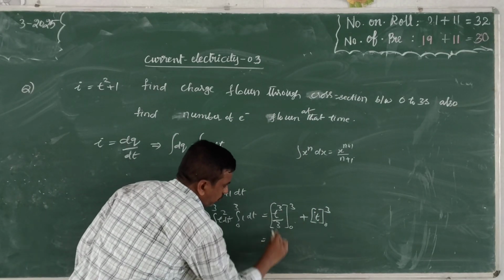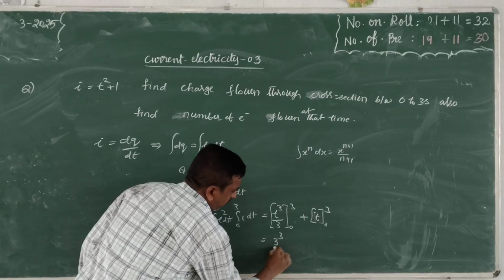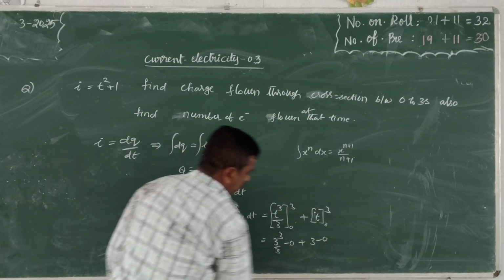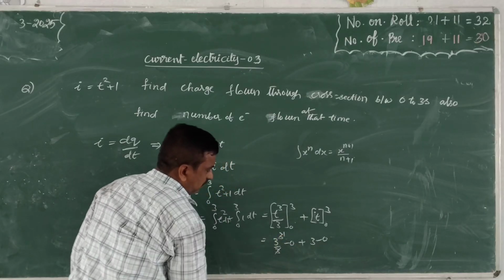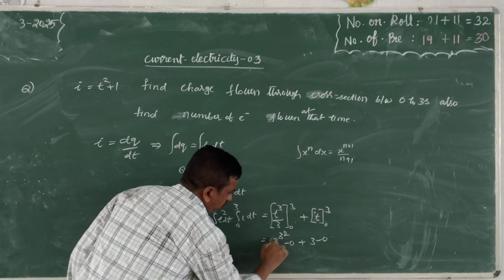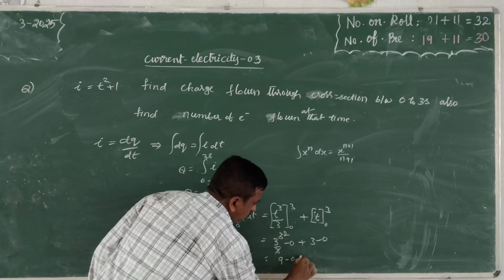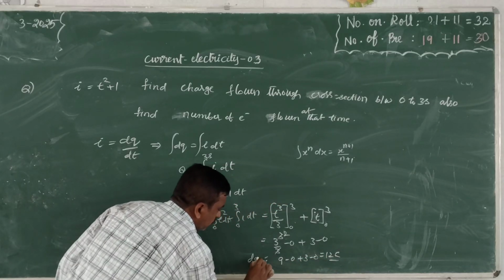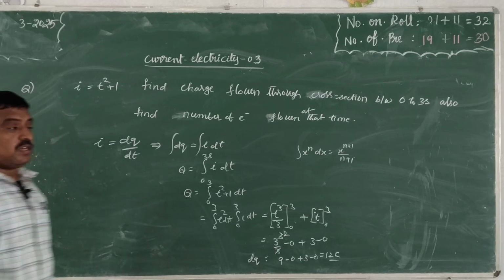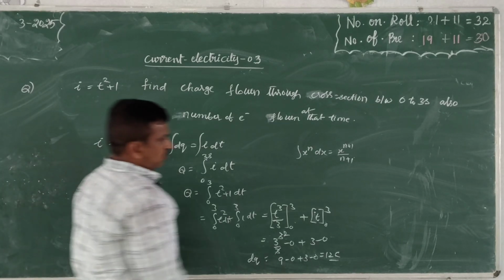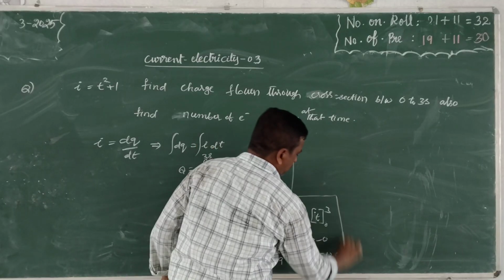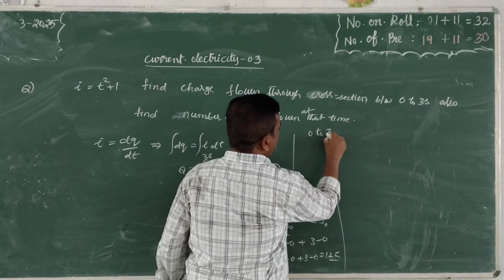So 3 cubed by 3 minus 0 plus 3 minus 0. Here the 3s cancel, so we get 3 square, which is 9, minus 0, plus 3 minus 0. We get 12 coulombs. What is the charge flown through the cross section of a conductor in 0 to 3 seconds? 12 coulombs.